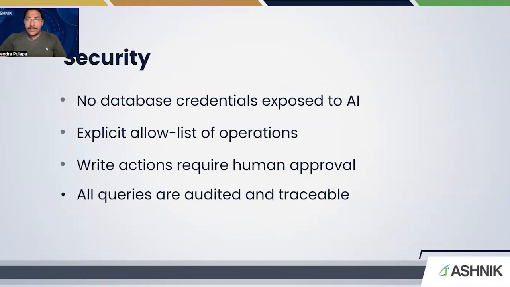Coming to security. Security is a core part of the architecture. We are not exposing any database credentials to the AI, and only predefined tools can interact with the databases, and write operations can be restricted or require human approval.